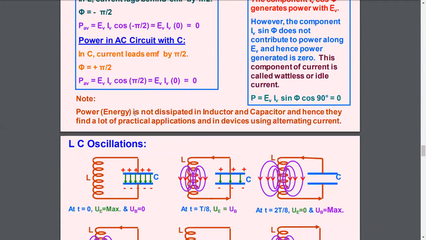Now power or energy is not dissipated in the inductor or capacitor, and hence they find a lot of practical application in devices using alternating current. As we have seen, a capacitor or inductor does not consume or dissipate power like a resistor. That's why these two basic circuit elements are used for various purposes, even for logical operations in computers, Android phones and all robotic circuits.